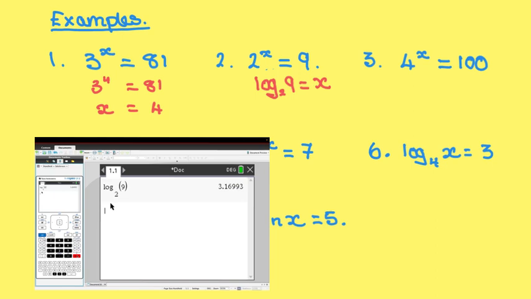So 2 to the power of 3.16993 will give me 9. Therefore, x is equal to 3.17 to 3 significant figures.